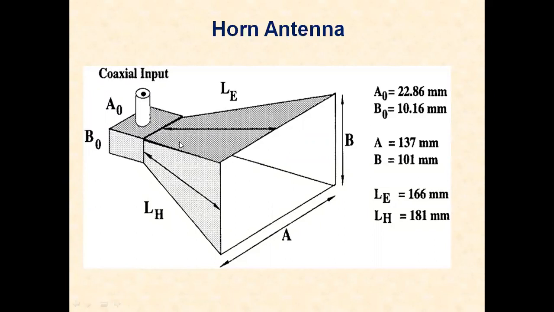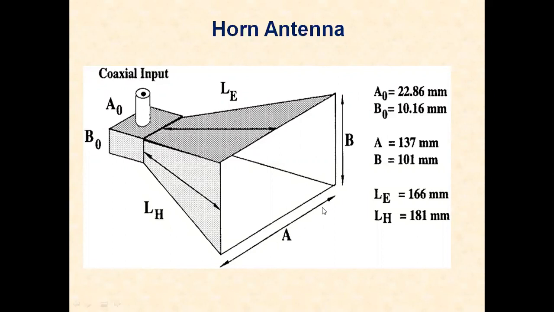We have the dimensions A0 as the broad wall and B0 as the narrow wall. A0 is 22.86 millimeters for a typical horn antenna. B0, this height, is 10.16 millimeters.